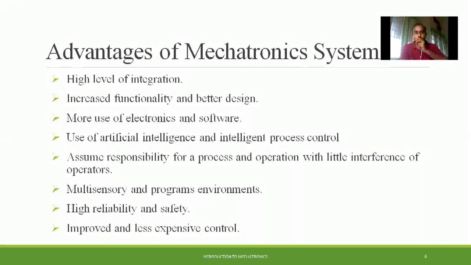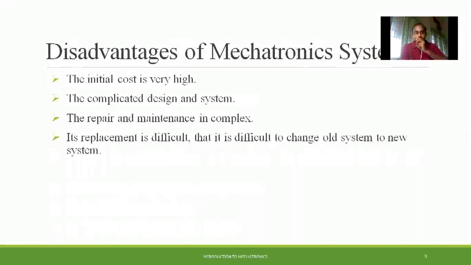And we will look at some examples also. And for every kind of action, there will be some disadvantages also. We will look over these limitations of the mechatronic system.